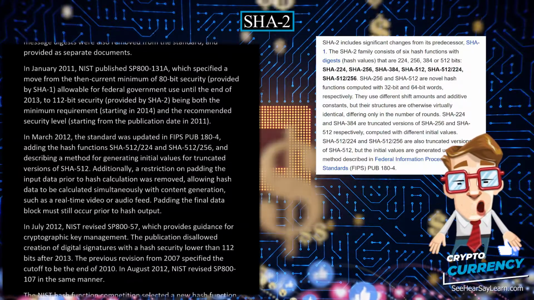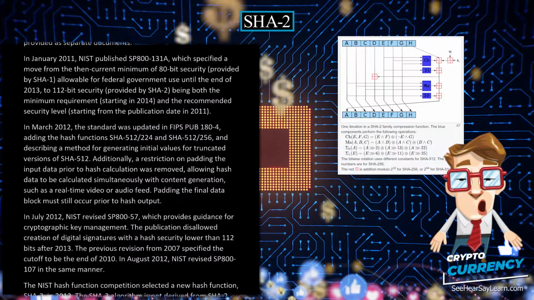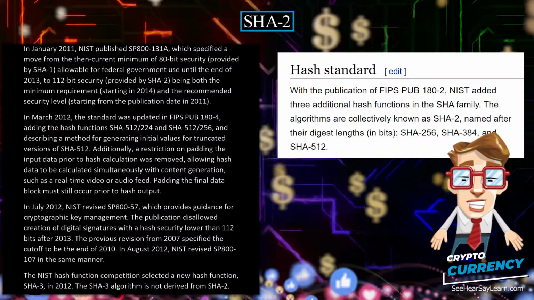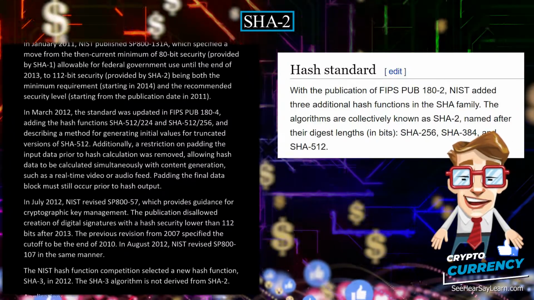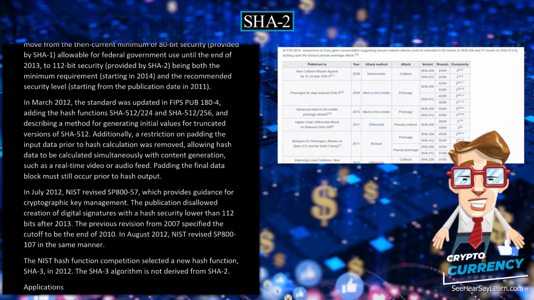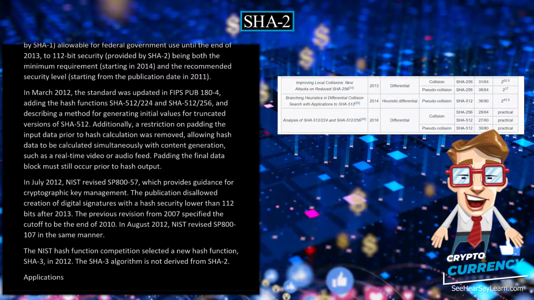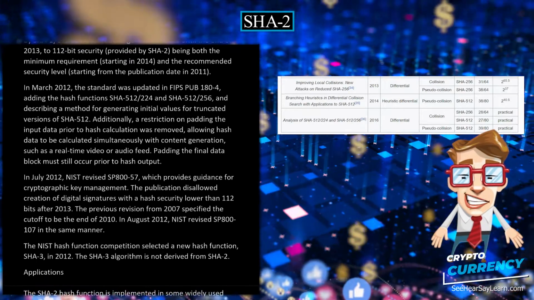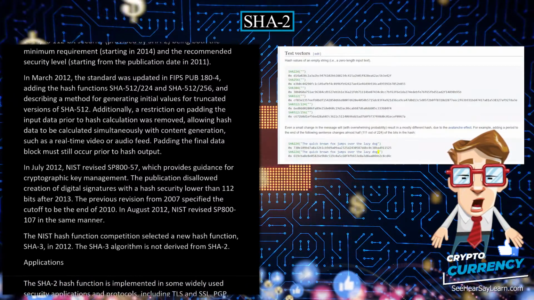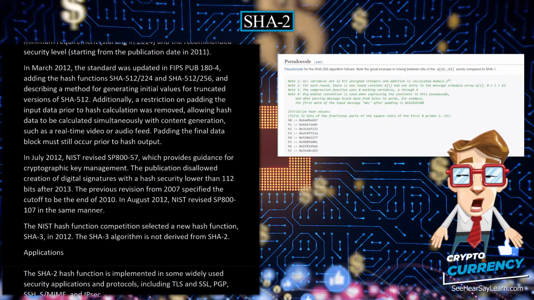In January 2011, NIST published SP 800-131A, which specified a move from the then current minimum of 80-bit security, provided by SHA-1, allowable for federal government use until the end of 2013, to 112-bit security, provided by SHA-2, being both the minimum requirement, starting in 2014, and the recommended security level, starting from the publication date in 2011.